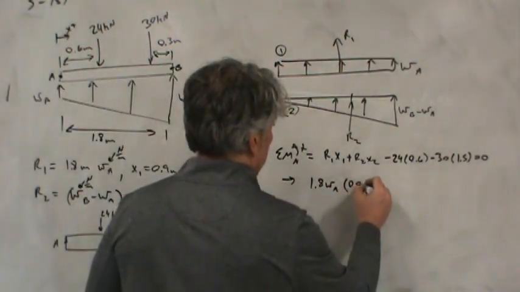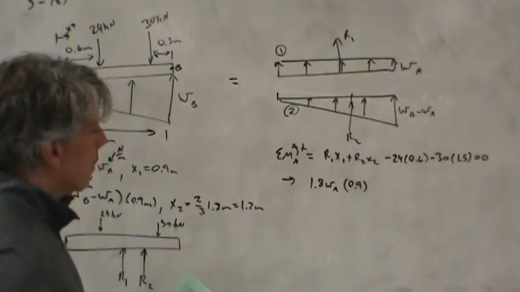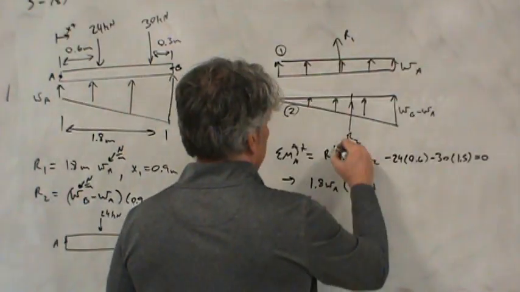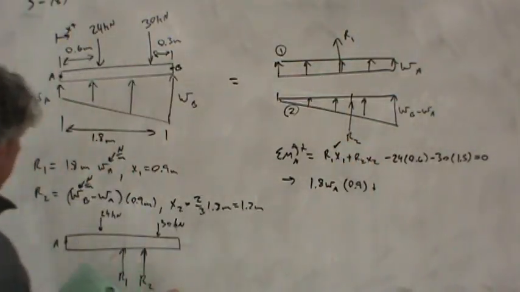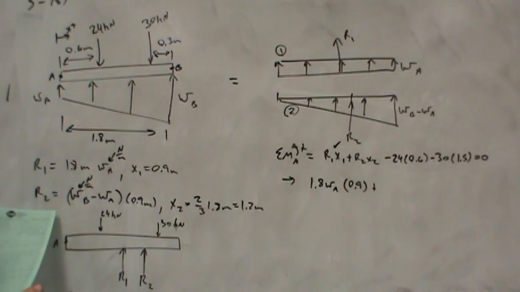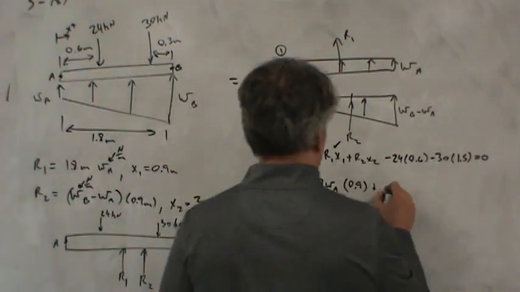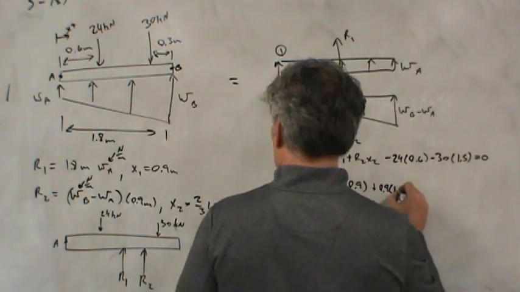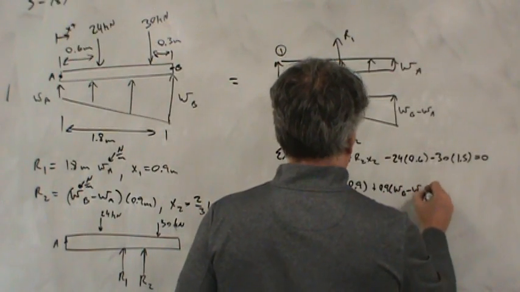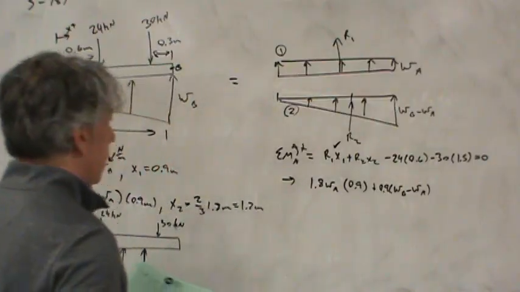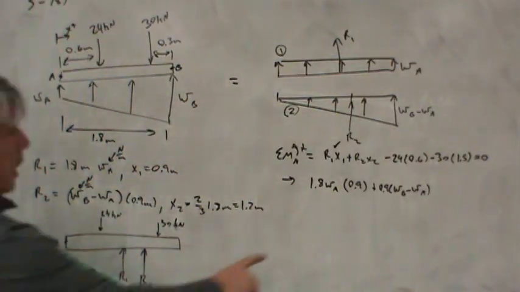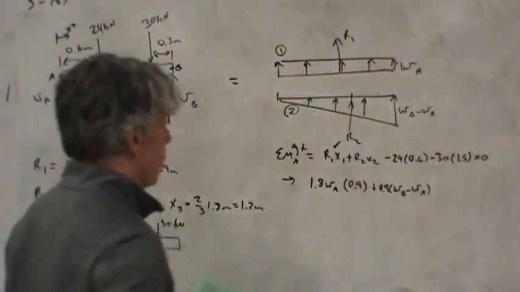Of course, it's meters, but I'm dropping my units. So that's R1, X1. R2, X2 is 0.9 times WB minus WA. It's R2, and I need to multiply it by X2. X2 is 1.2 meters.